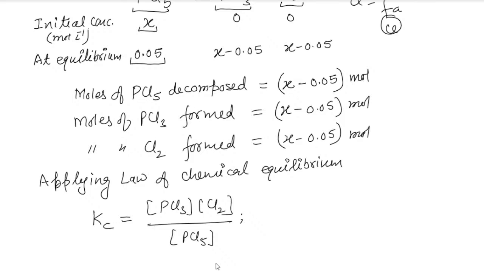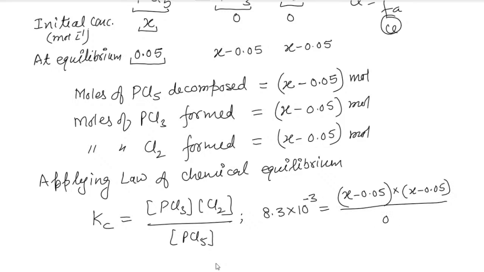What is Kc? Kc was 8.3 into 10 raised to power minus 3, right? And that is equal to X minus 0.05 into again X minus 0.05, divided by 0.05.